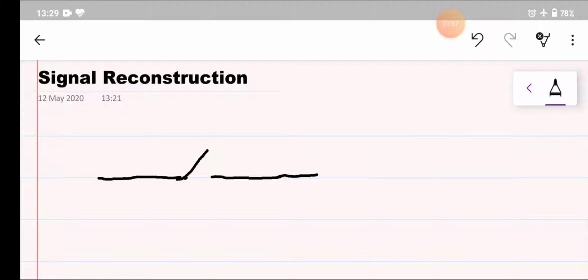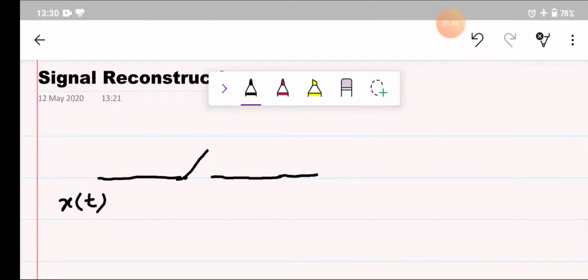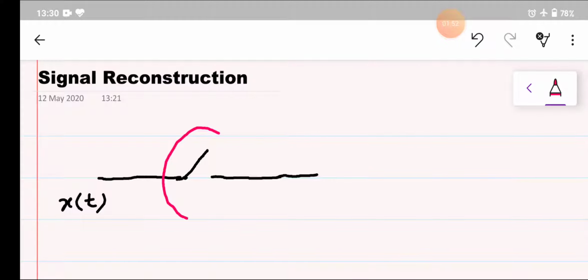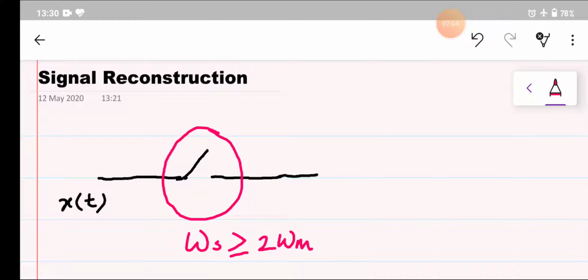So if we are passing x(t) here, then whenever this sampler is used with a sampling frequency omega s that is greater than or equal to 2 times omega m, there is an impulse that is produced at the output, which is an impulse train also.